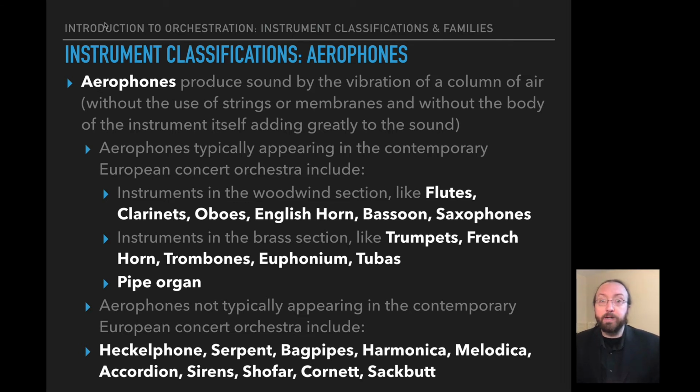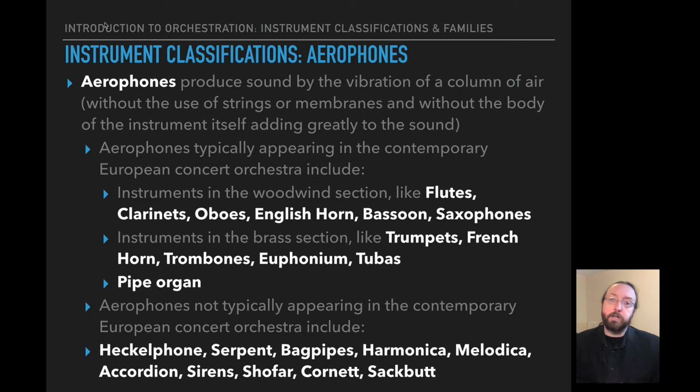Aerophones typically appearing in the contemporary European concert orchestra include instruments like, in the woodwind section, flutes, clarinets, oboes, English horn, bassoon, and saxophones, and instruments in the brass section, like trumpets, French horn, trombones, euphoniums, and tubas. And if there's a pipe organ that's going to be included, that's going to be an aerophone as well.